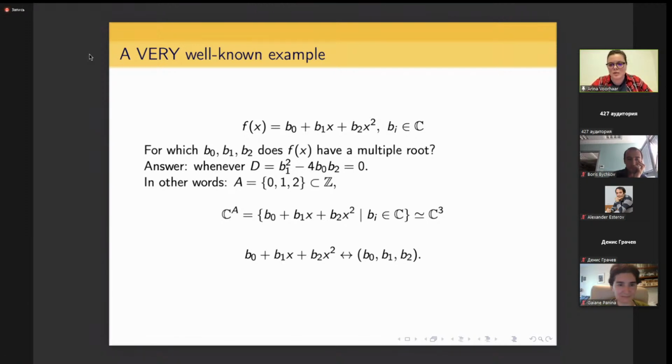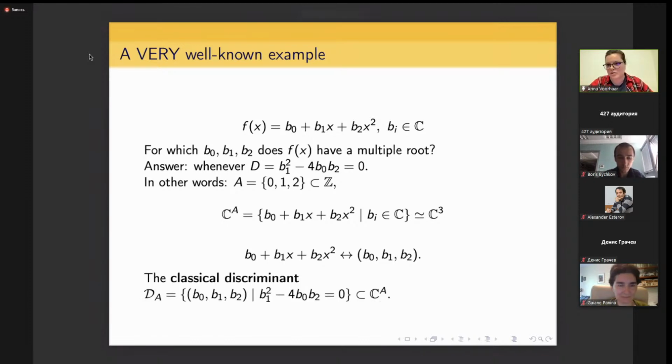Since polynomials are uniquely defined by the tuples of coefficients, we can identify CA with a three-dimensional space. In this space, what we refer to as the classical discriminant is the hypersurface given by this polynomial in the variables which are the coefficients of polynomials in CA, such that any point lying on this hypersurface corresponds to a polynomial with a multiple root.